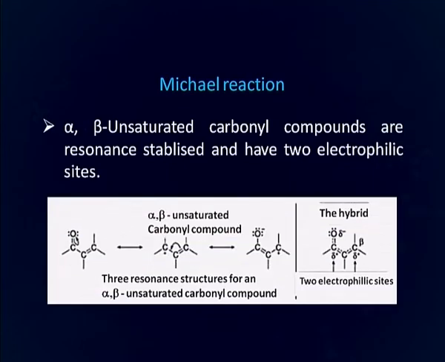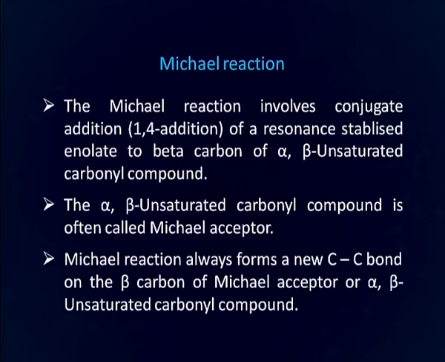As we have discussed earlier also, the two electrophilic sites here are this as well as this. The Michael reaction involves conjugate addition, that is 1,4 addition of a resonance stabilized enolate to the beta carbon of alpha beta unsaturated carbonyl compound. The alpha beta unsaturated carbonyl compound is often called Michael acceptor.